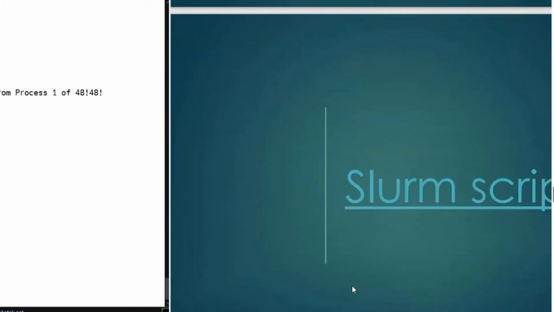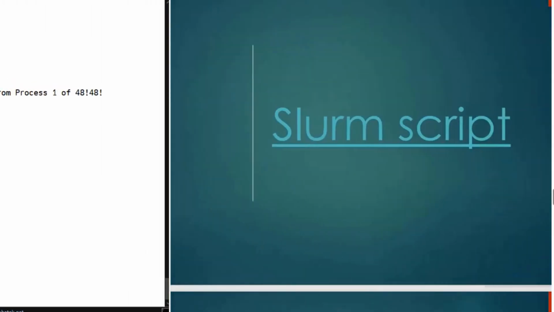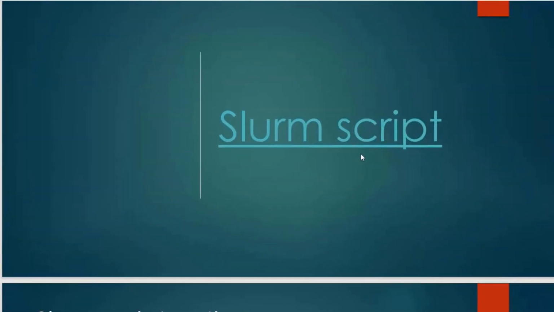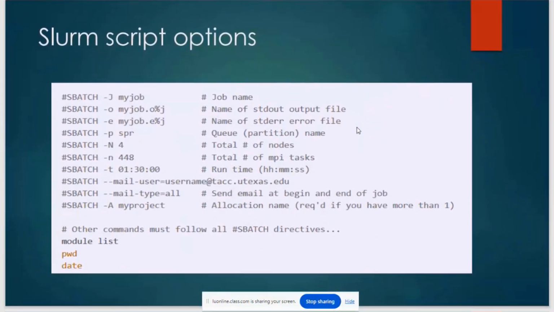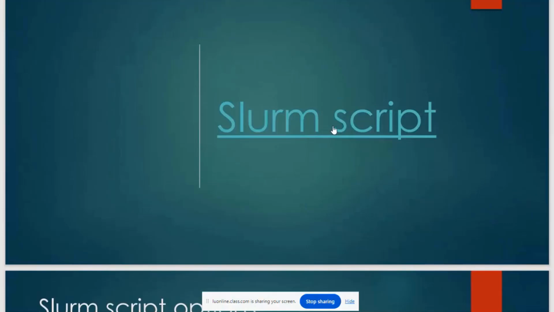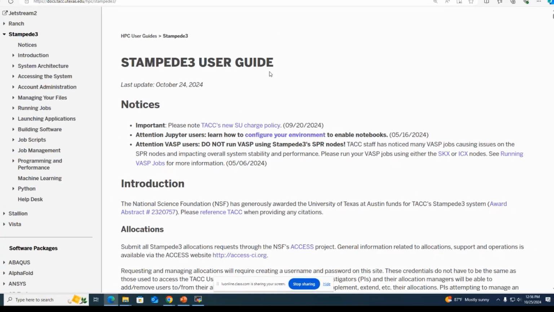Let's continue. The key is how do you write your script? Okay, we want to know the options. Here I have examples. This one I copied from the documentation. This documentation comes from here, job script, step 3.